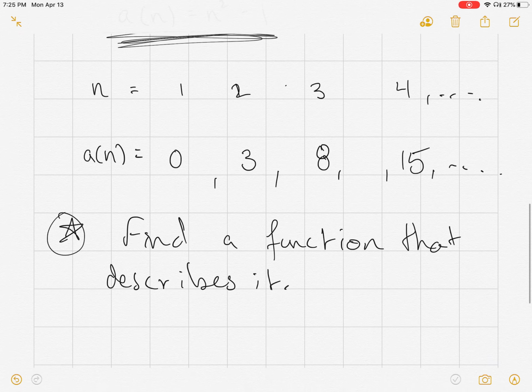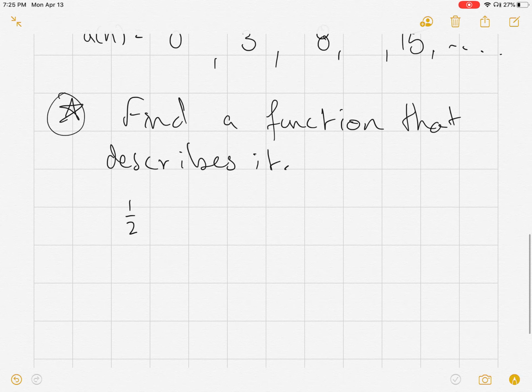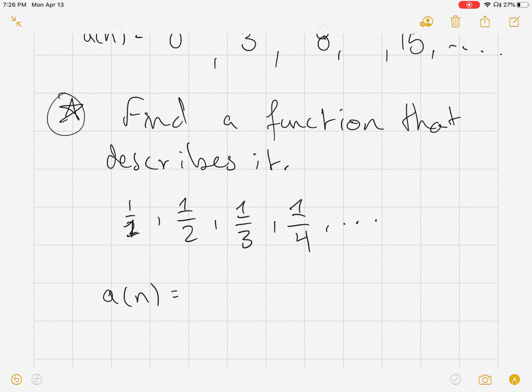We've got 1 over 1, we've got 1 over 2, we've got 1 over 3, we've got 1 over 4. So when we want to describe this using a function, we can take a of n, and we'll just let that be equal to 1 over n. So any natural number n that you can think of, we plug that in, and we will find the nth term of this sequence if we continued the pattern that we started here.